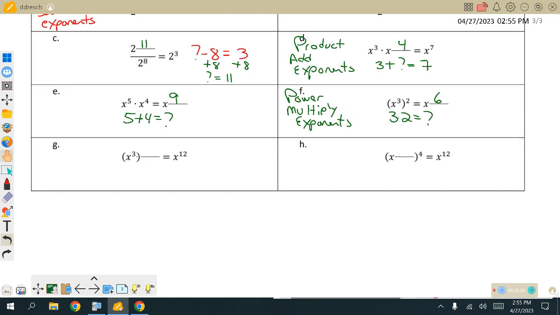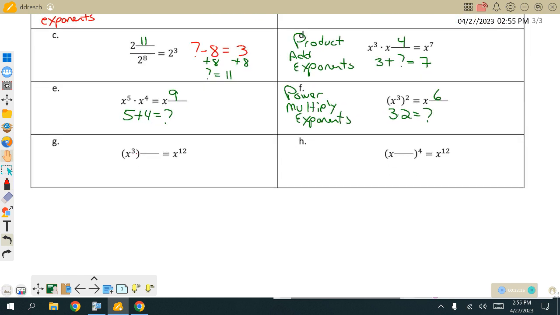Now we got the something, we got the 12, but 3 times what gives me a 12? Divide, right? 12 divided by 3, that had to be 4.